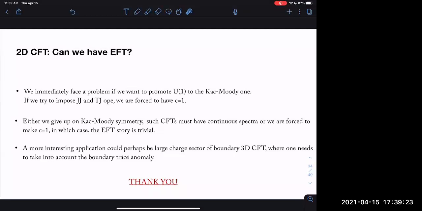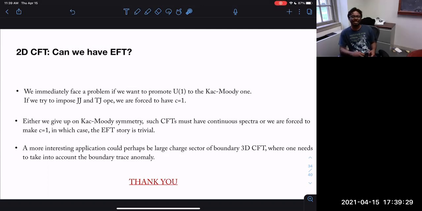I don't actually know how Affleck's result is different from the Sugawara theorem, but I think it's not really different. So basically the argument is you have a U1, and then you show that because it's a discrete spectrum, there is a state-operator correspondence, and the U1 gets promoted to U1 times U1. And then you use Sugawara to say that it has to be Kac-Moody. So that's the argument.